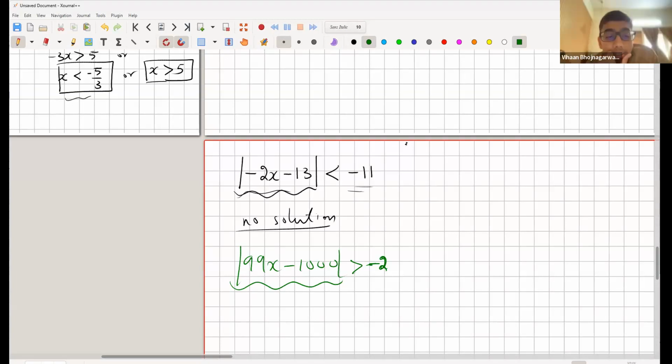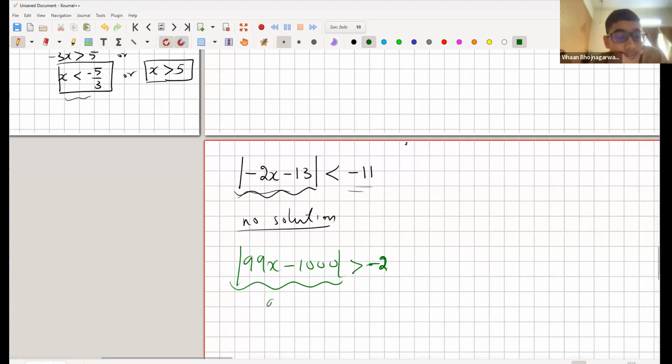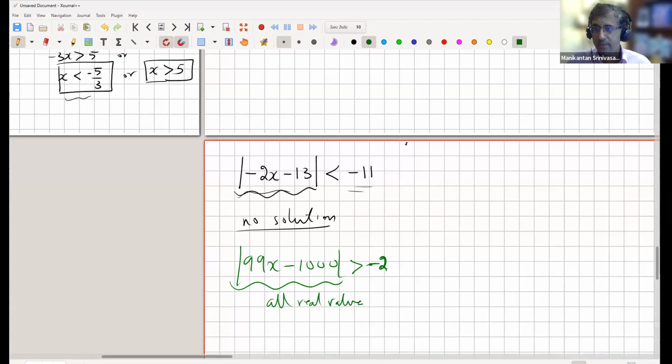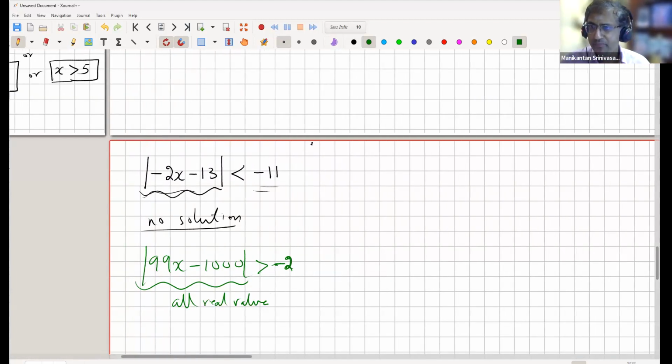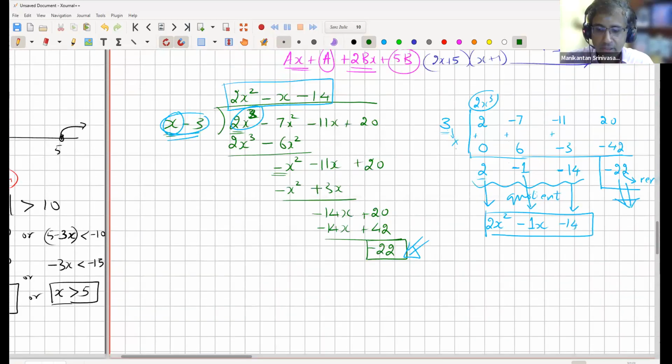All real values. So we don't have to spend time at all for both of these problems. No solution if you just look at it, and all solutions if you just look at it. Just take a glance before jumping into problems. Shivank, all okay on this one? Okay, all right.